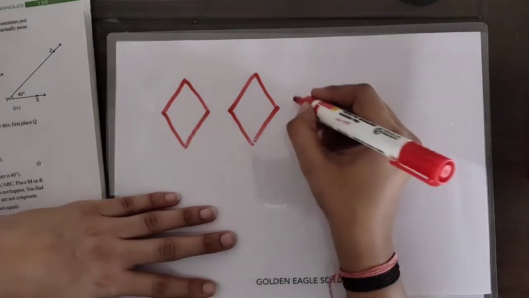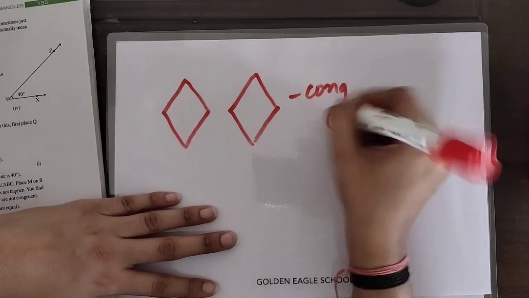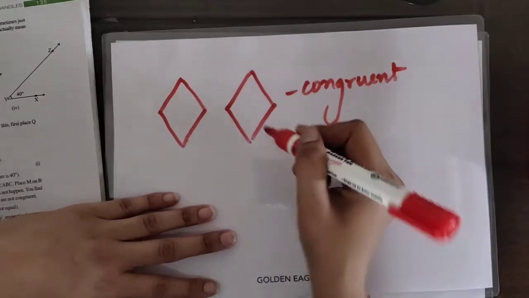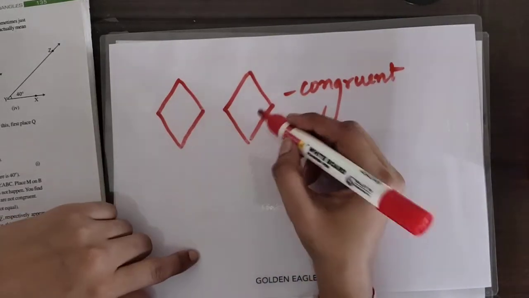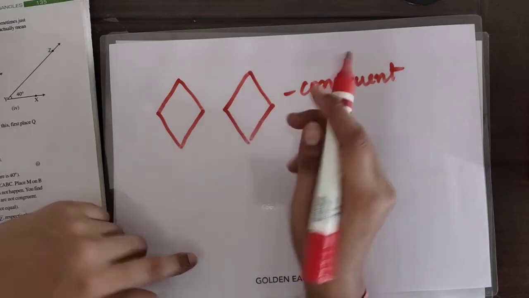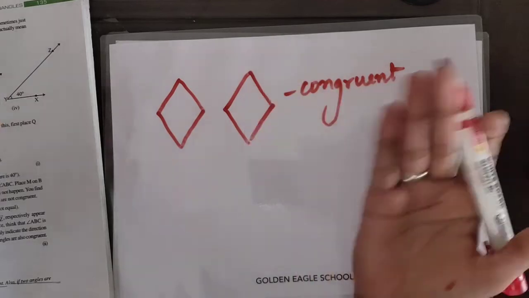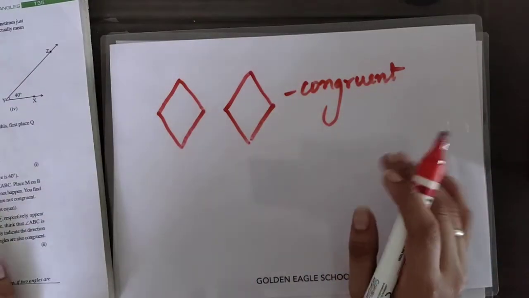So these two figures are congruent. When you superimpose this figure on this figure, then they will be equal and they will have same shape and same size. So they will be congruent.